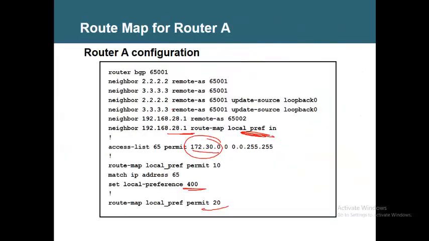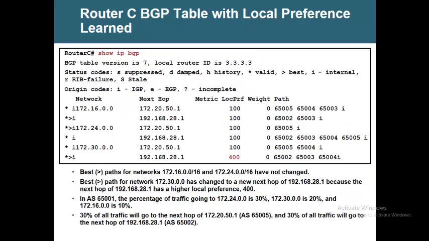So now if you see 172.30 is pointing towards the upper path, like 172.24 is down, 172.16 is up. So this is 10, this is 20, and this is 30. So 30 is via down path, and this 20 and 10 is via upper path. Yes. Perfect. It's good.